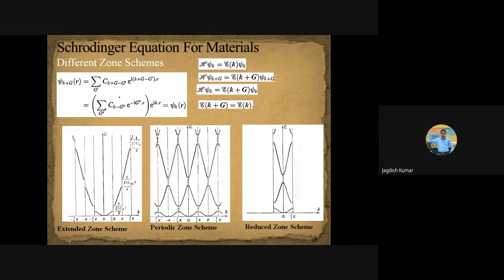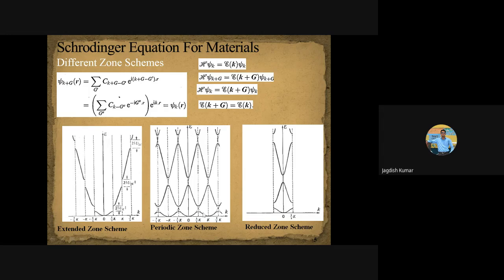How and why can we add and subtract G? Why can we add or subtract G? This is because of this property I told you: E of K plus G is equal to E of K. This is a fundamental property, right? So therefore, if I want to represent this information in the second Brillouin zone, I would like to add G, so that this whole thing is produced in the second Brillouin zone, second and third rather.